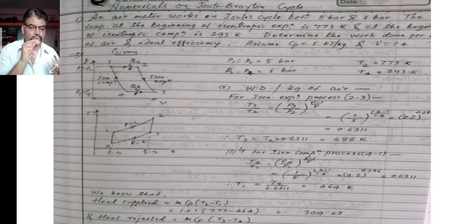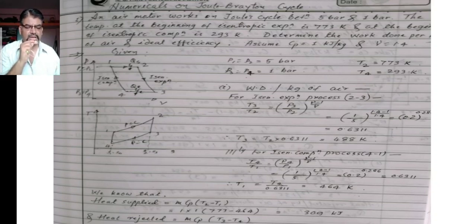After putting the values of P3 and P2, we get the ratio T3 upon T2 is equal to 0.6311. So I have to calculate the value of T3, as T2 is given. T2 is 773 and T4 is 293. After putting the value of T2, we have the value of T3 as 488 Kelvin.